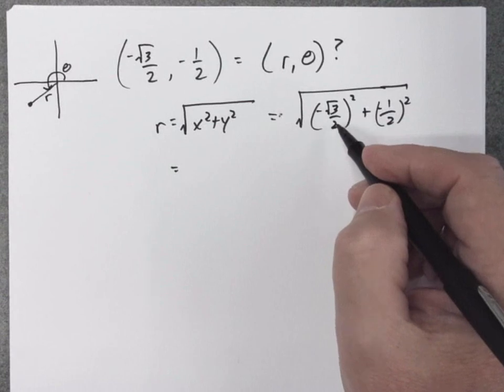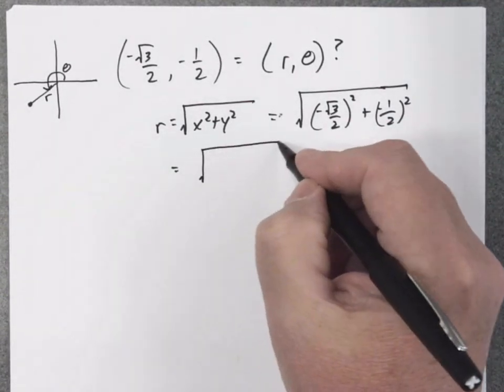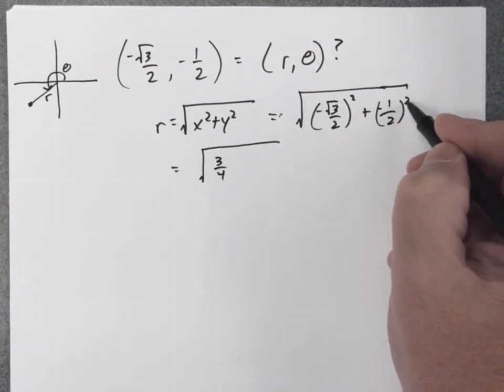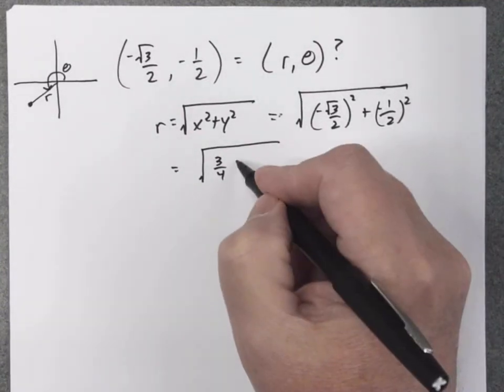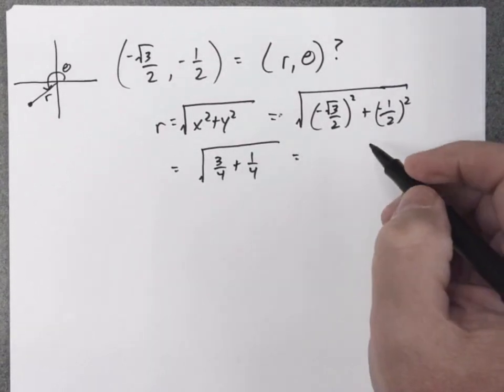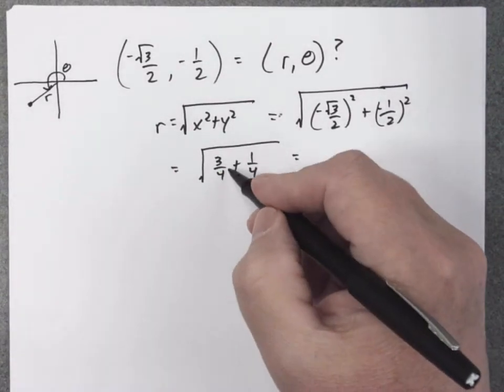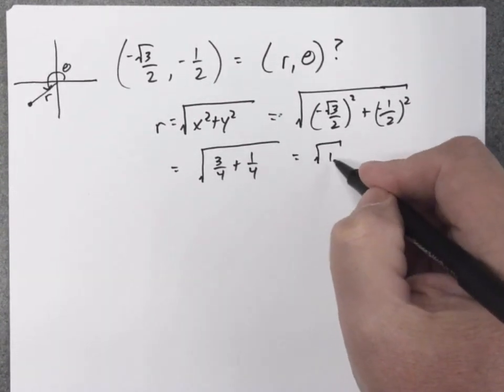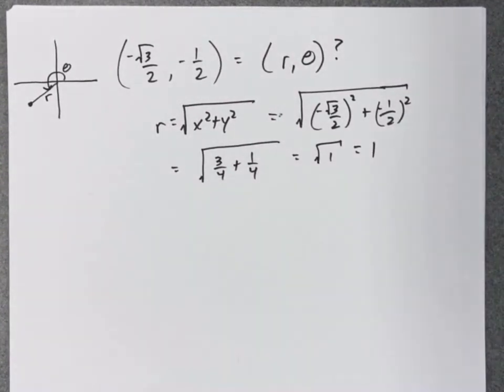When you square 2, you get 4. So this becomes 3/4. When you square this, you get 1 over 4. So 3/4 plus 1/4 is 4 over 4, which is 1. Square root of 1 is just 1.